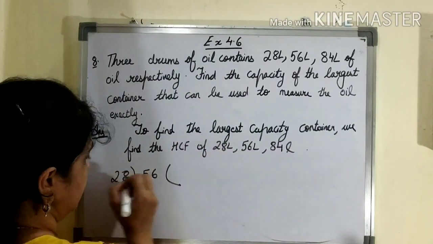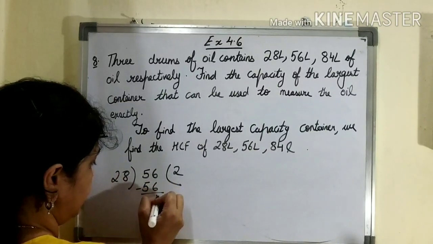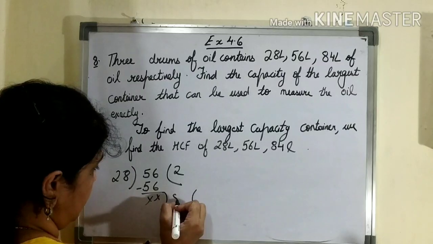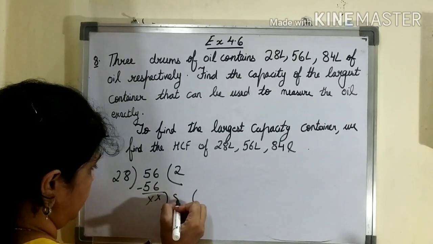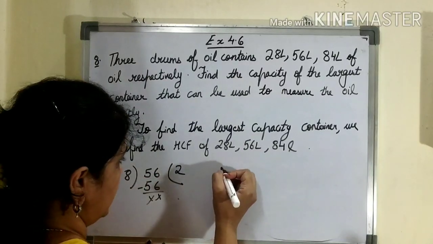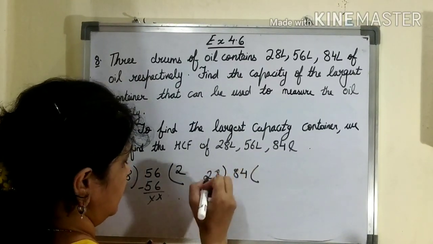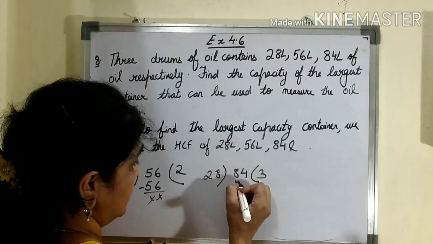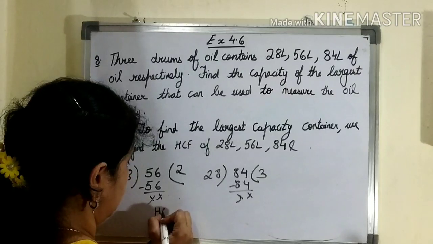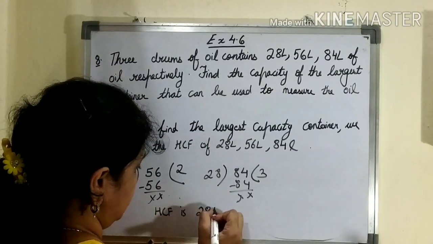So 28, if I take, 28 twos are 56. Then this will be the divisor, and now since 28 is left, again I am going to divide 84 by 28. 28 threes are 84. That means the HCF is 28 liters.